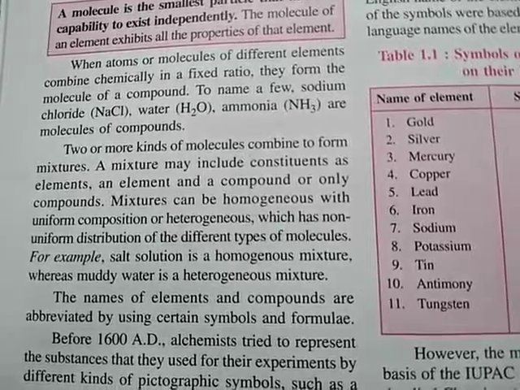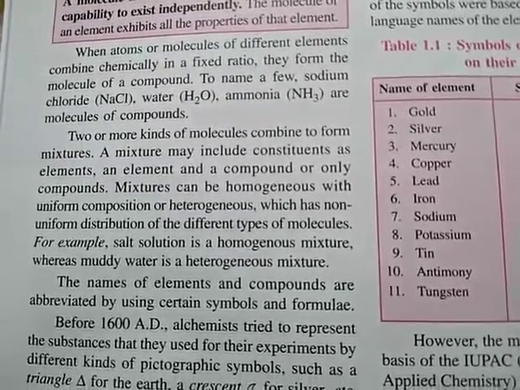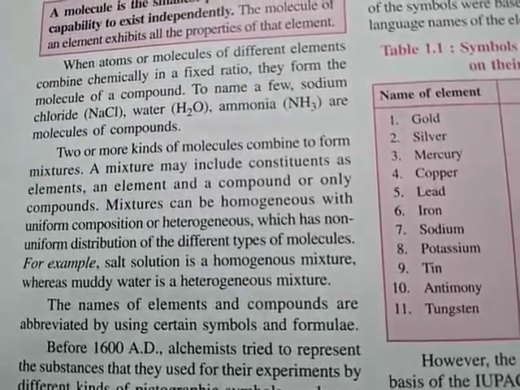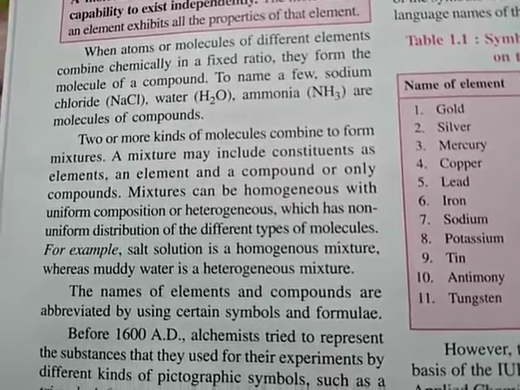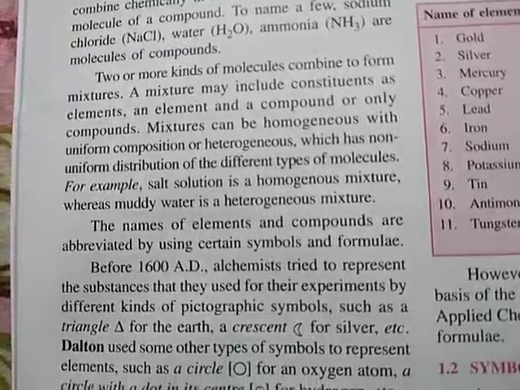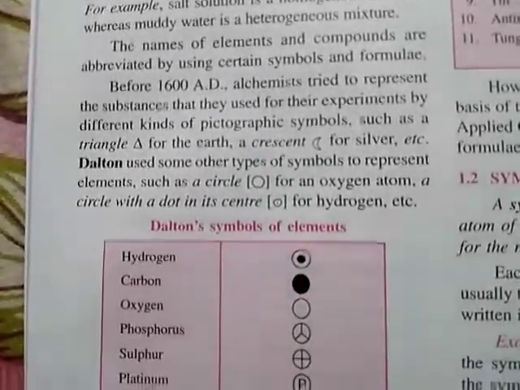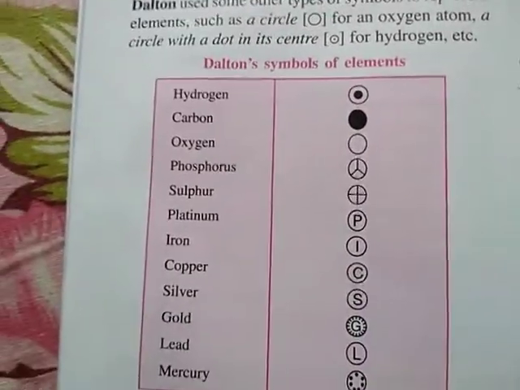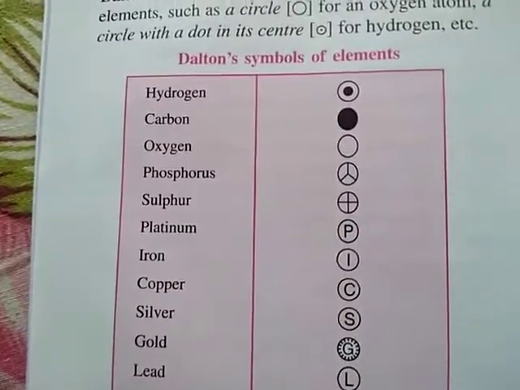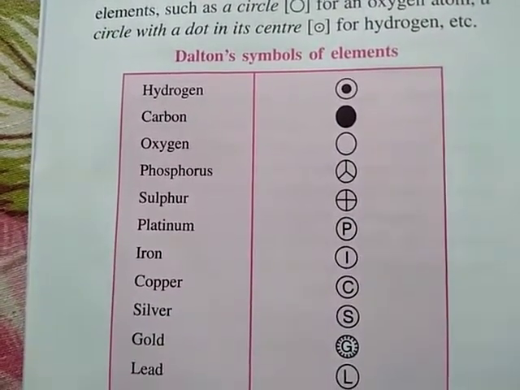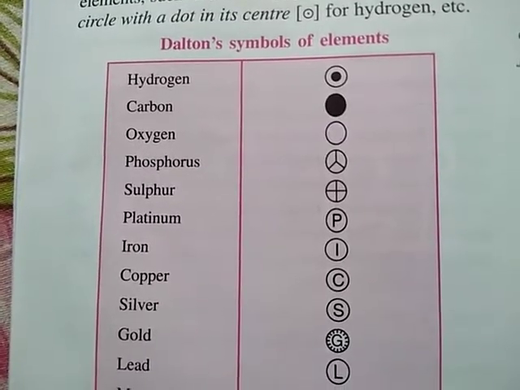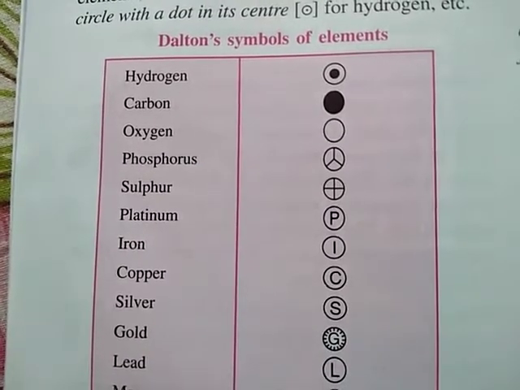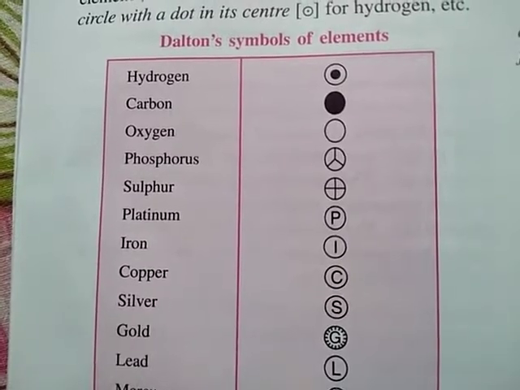Now students, before the representation of the elements in the form of alphabets like sodium Na, oxygen O, hydrogen H, only symbols were used. Here you can see Dalton's symbols of elements. Hydrogen is shown like this, carbon a big black dot, oxygen a circle.